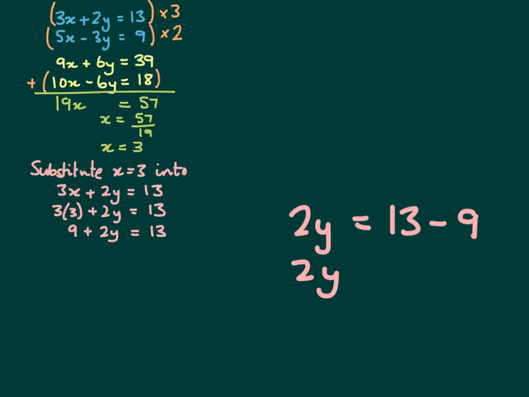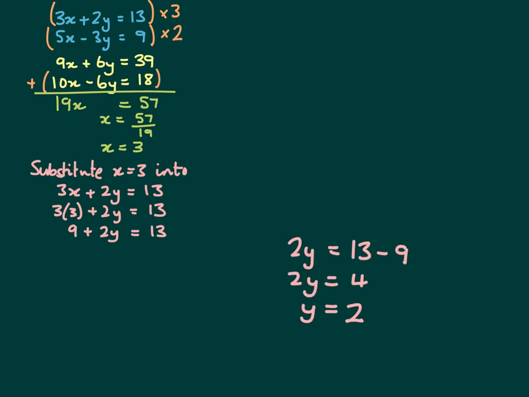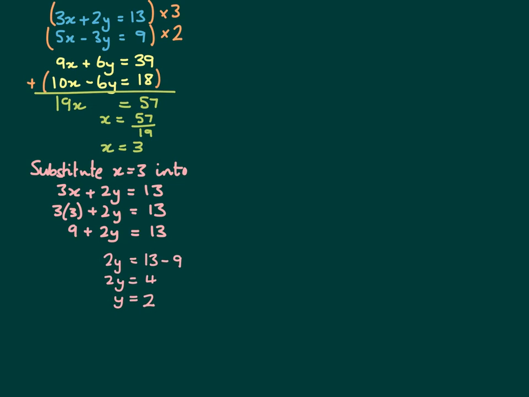So that's going to give me 2y equals 4. y is going to be equal to 4 divided by 2, which is going to be equal to 2. Okay. Quite a bit of working out for that one. That gives me a coordinate of x equals 3 and y equals 2 is my answer.